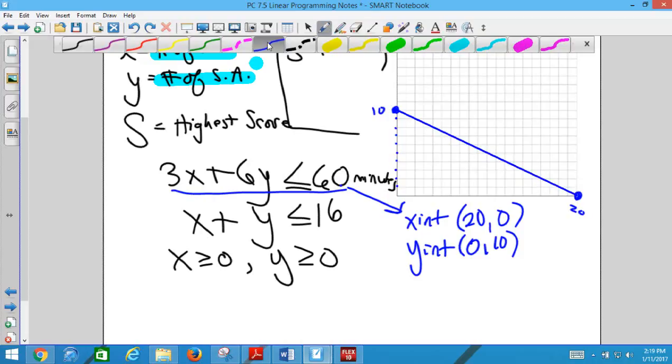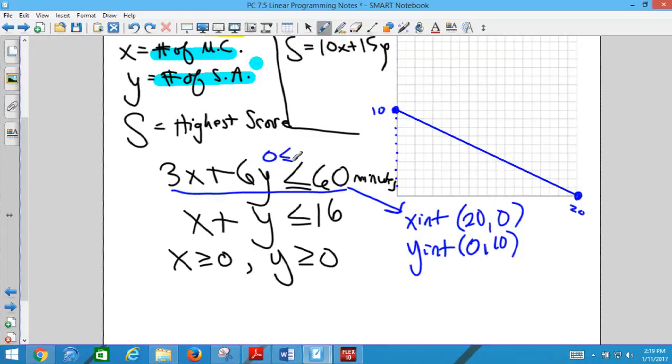Where's it going to shade? Does 0, 0 work? Yep, so it will be down. The second equation, x plus y is 16. What's my x-intercept? What's my y-intercept? Okay.